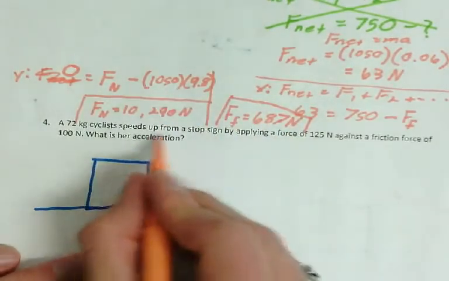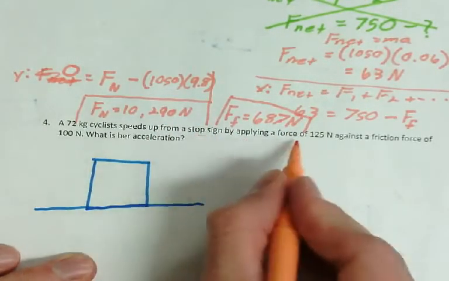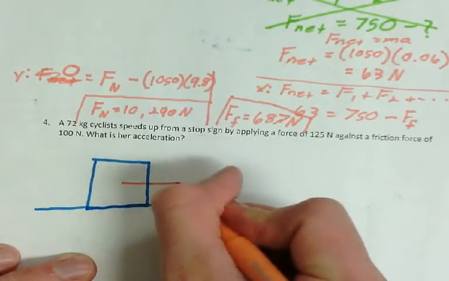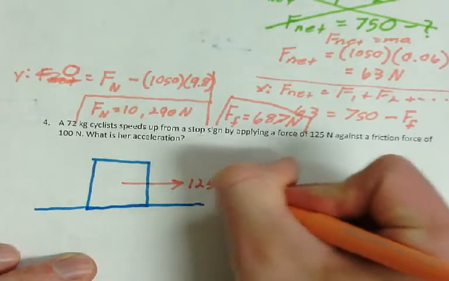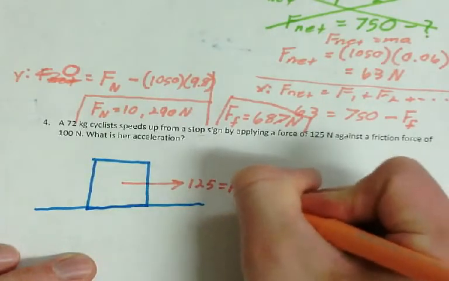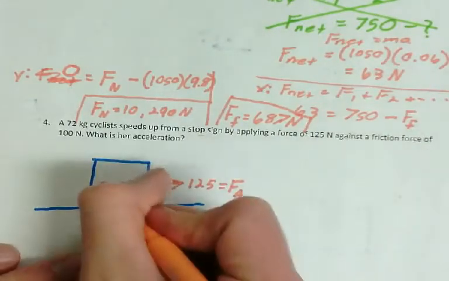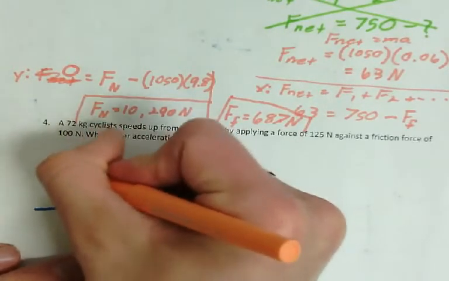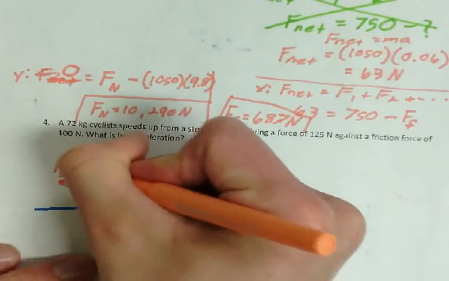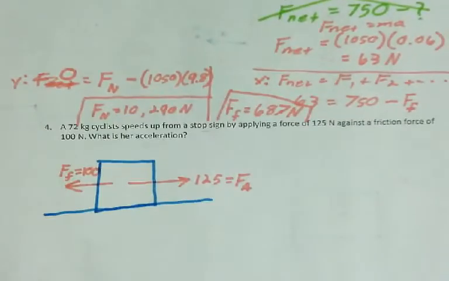Okay? Speeds up from a stop by applying a force of 125 newtons against friction, which is 100. It's a 72 kilogram cyclist.